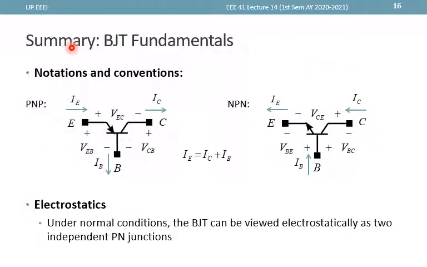So in summary, we have introduced the BJT, the PNP and the NPN, and the terminals: emitter, base, and collector. We have shown the conventions and notations for the currents, and we can write KCL equations based on this notation, and also voltage or KVL equations. Note that in the previous slide we mentioned that if we know, say, VEC and VCB, then we can solve for VEB, or if we know VEC and VEB, then we can solve for VCB.